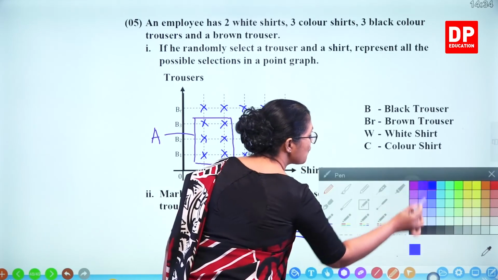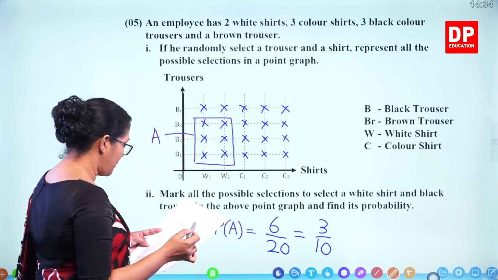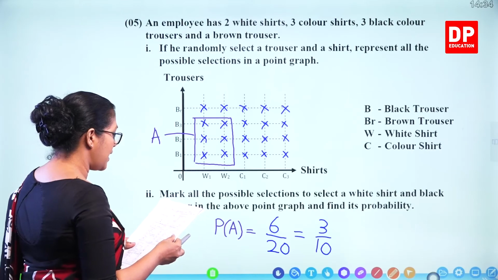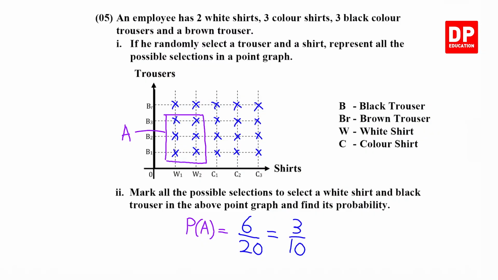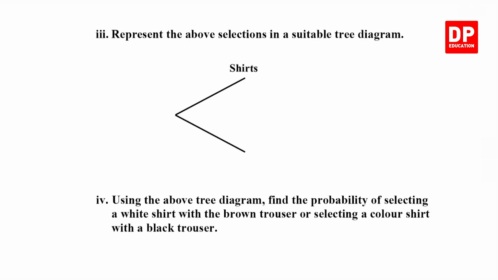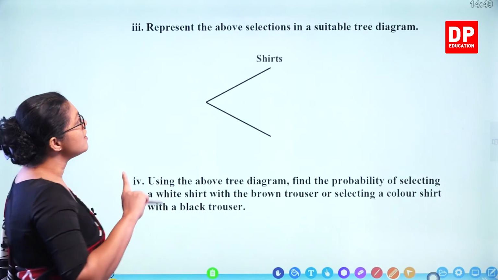So how many marks for these 2 parts? You get 2 marks for the sample space diagram and 2 marks for this answer. Third part, represent the above selections in a suitable tree diagram. Shirts and trousers.